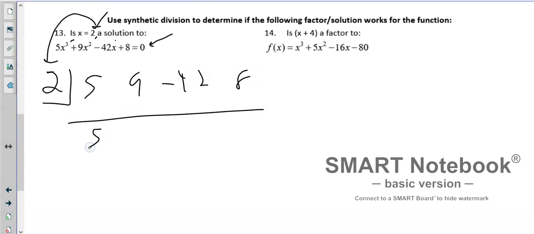Drop the 5. Multiply by 2. Add straight down. Multiply by 2. So 2 times 19 is 38. This is negative 4. Multiply by 2, negative 8, 0. The answer is yes.